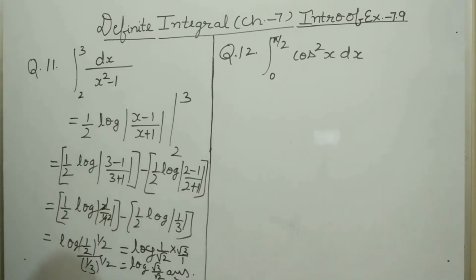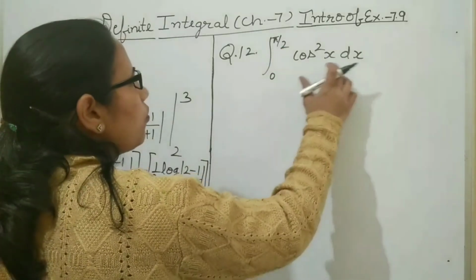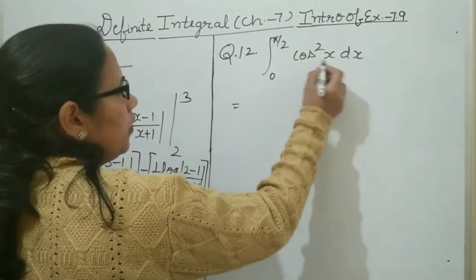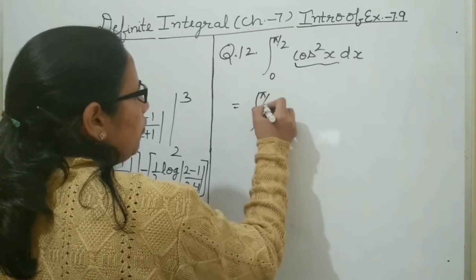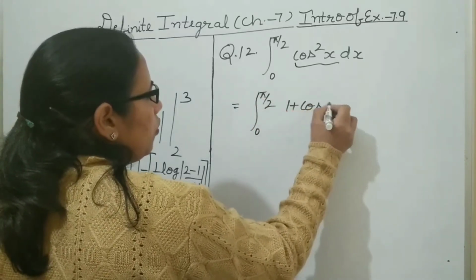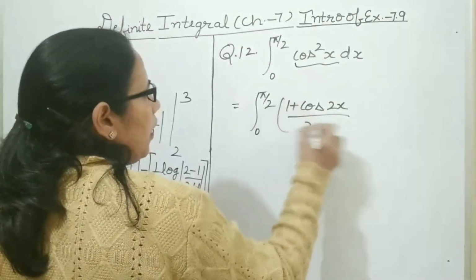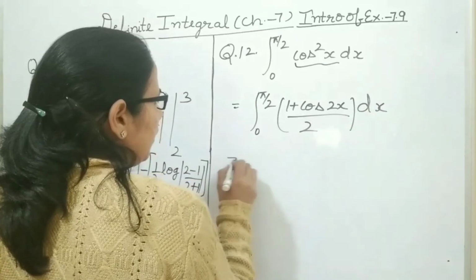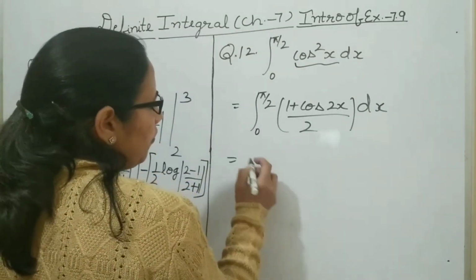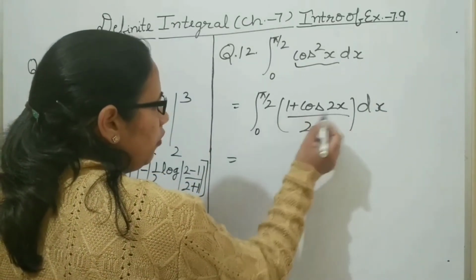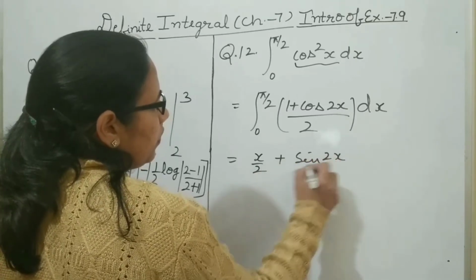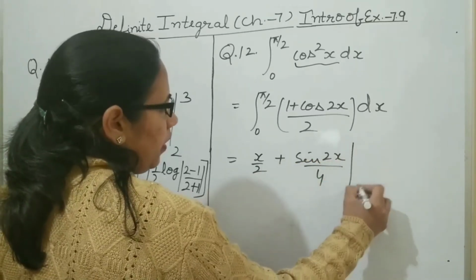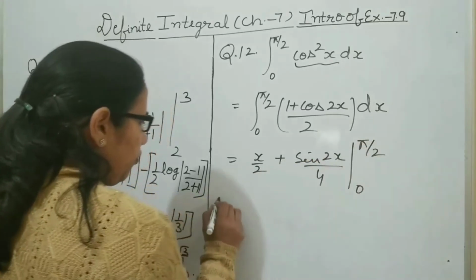Next question number 12. Integral of 0 to pi by 2 cos square x dx. So first we put the value of cos square x, which is nothing but your 1 plus cos 2x by 2, and then integrate this function first, then we use the limits by using the fundamental theorem of calculus. So integral of this comes out to be x by 2 plus sine 2x by 4 and limits from 0 to pi by 2.